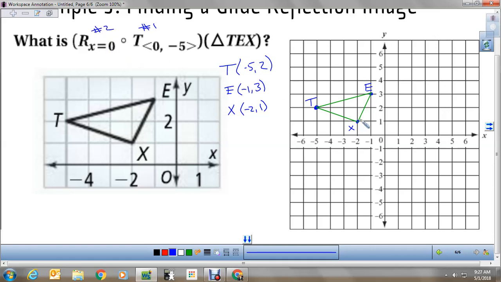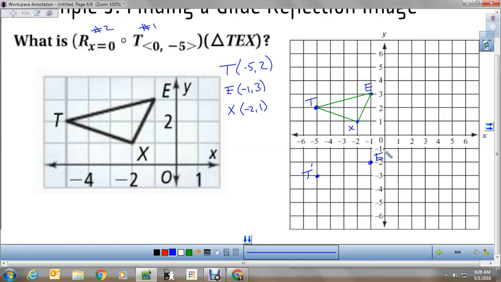The first thing we do is translate this 0 on the x and negative 5 on the y, which means we're going to slide this down. Everything moves down 5 units: 1, 2, 3, 4, and 5. This becomes T prime. From 3, it's 1, 2, 3 to 0, and 2 more becomes down here at negative 2.